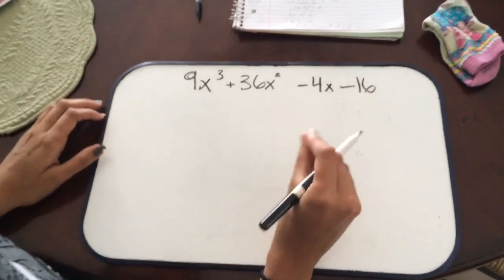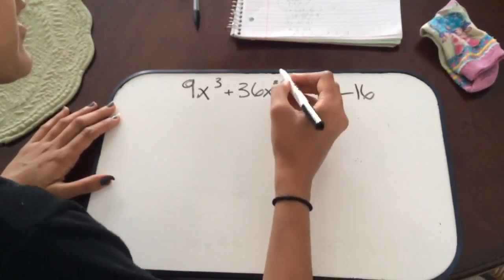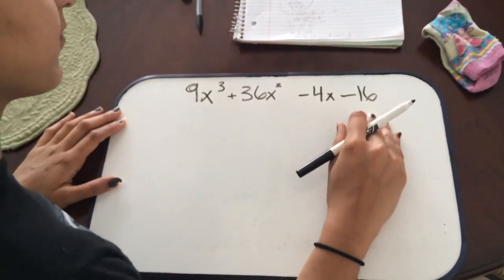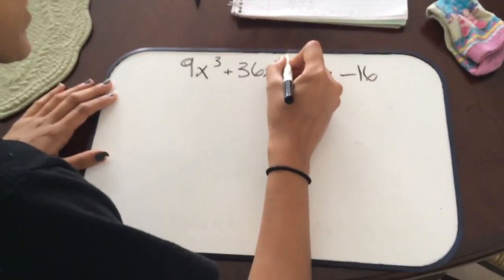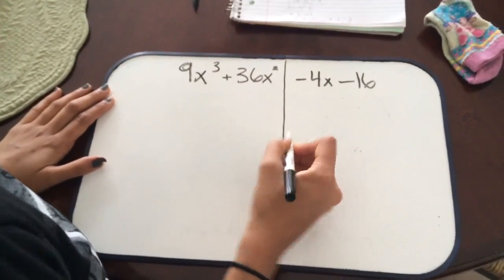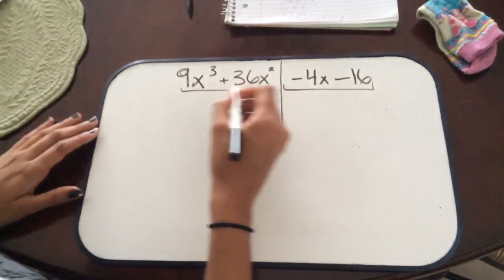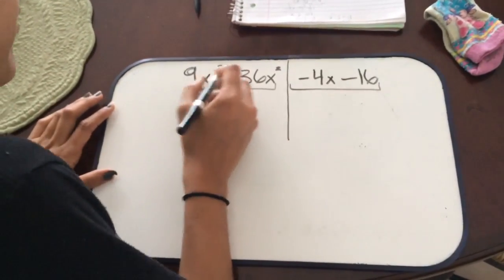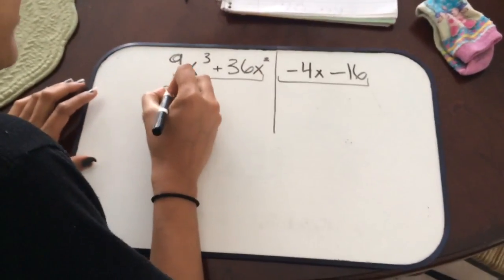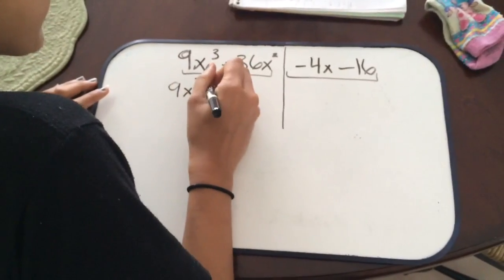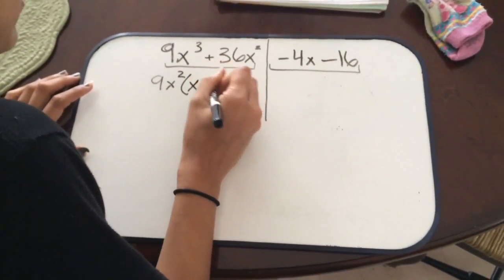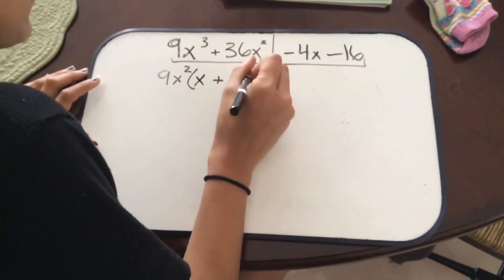So this is grouping, and what usually happens is that it's a 4-term equation, and you divide it into 2 parts, and you factor each of these individually. For this one, you can factor out a 9x squared, leaving you with an x plus 4.